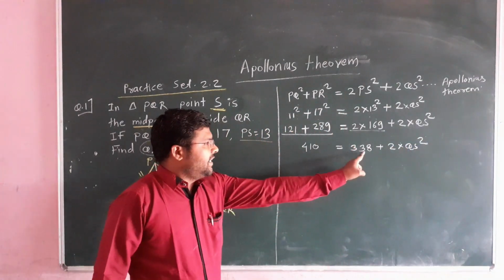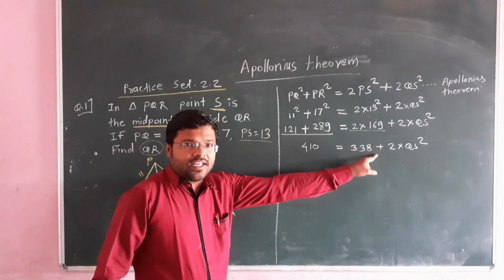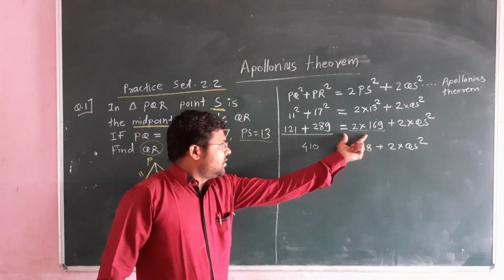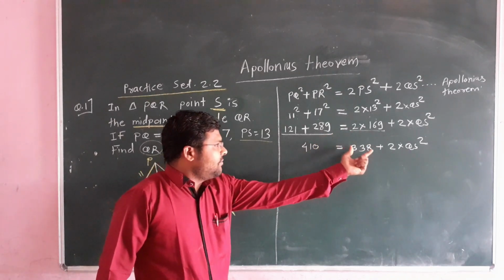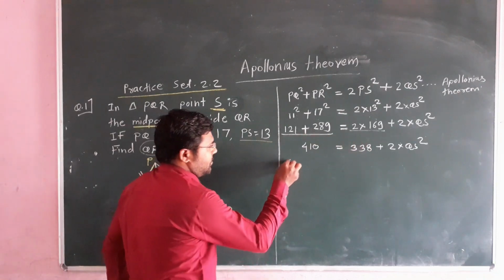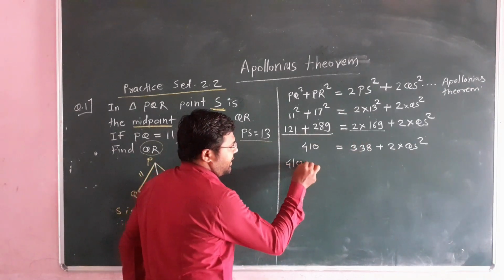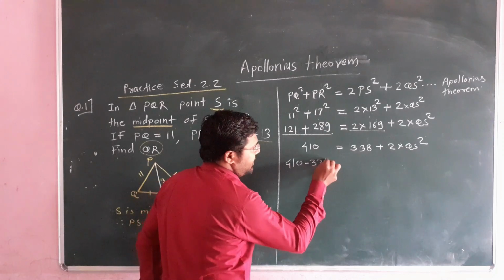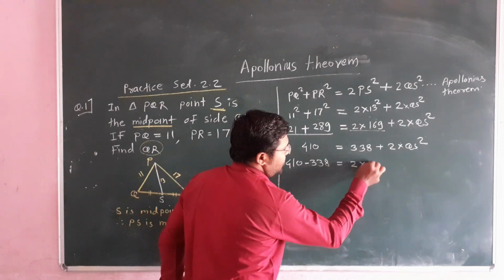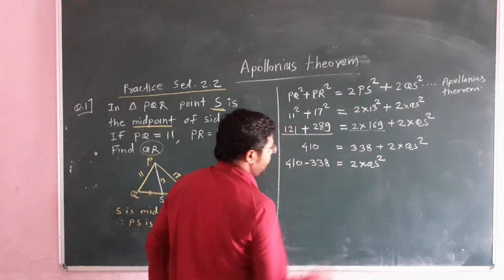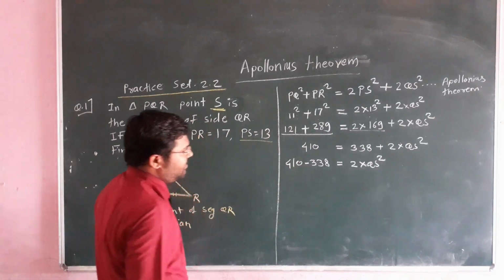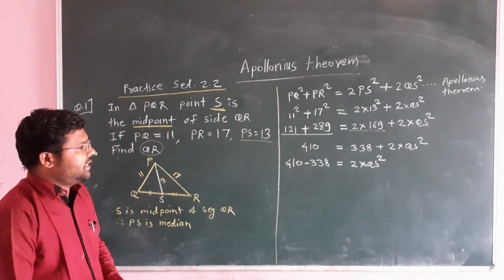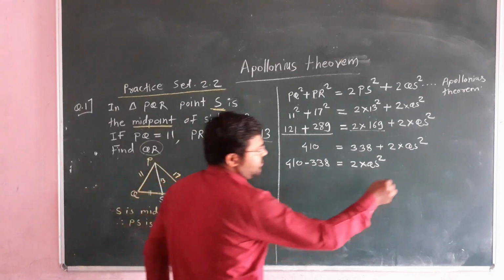Now 338 is on the right hand side plus, so when we bring it to the left side, it will be minus. So 410 minus 338 is equal to 2 into QS square. Now 410 minus 338.